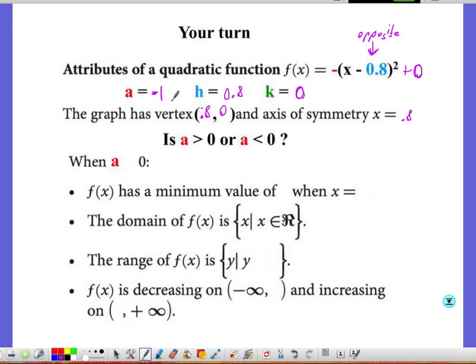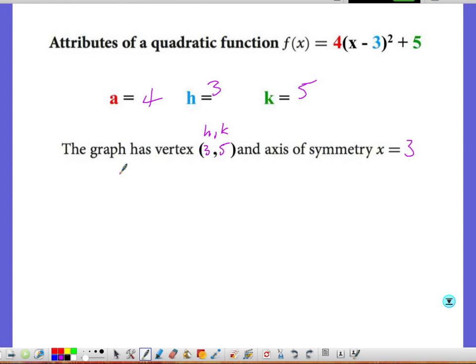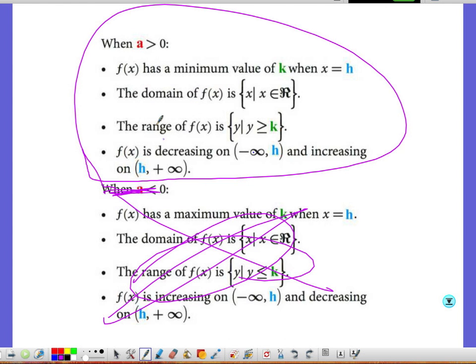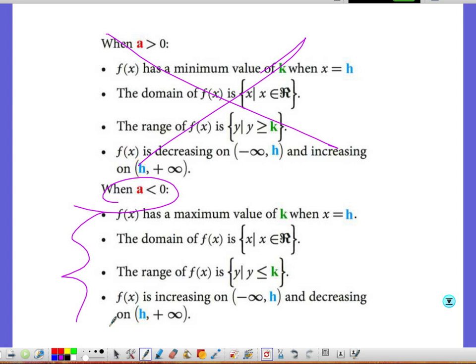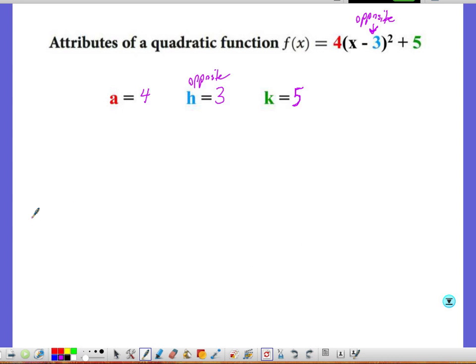Well, a is negative 1. Negative 1 is less than 0. That means we're going to use the setup for when a is less than 0, not the other one. So now here is the one we have to fill in h and k for.